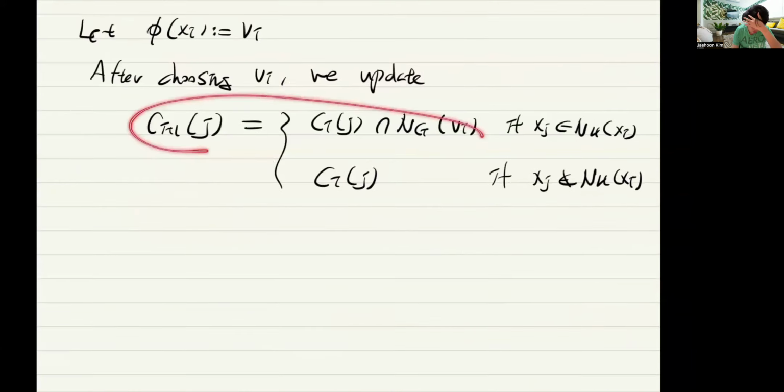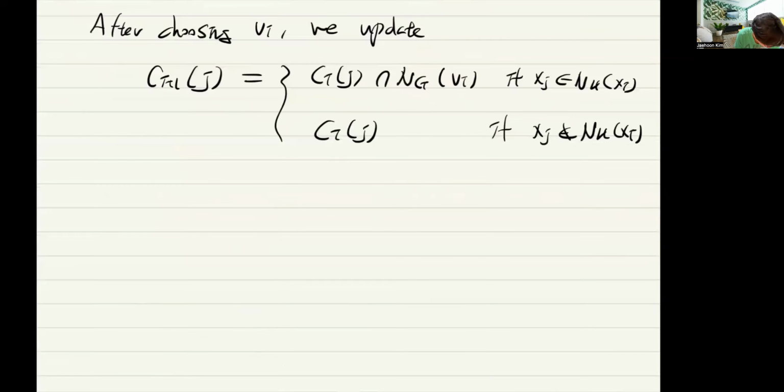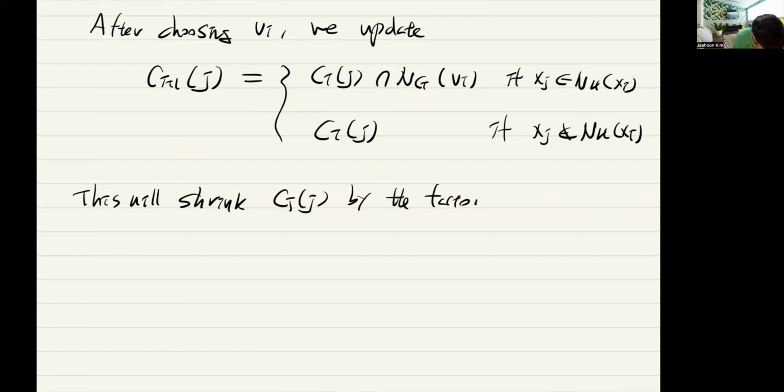So in terms of this candidate set, it only has two cases: either it's the same or it shrinks. And injectivity is ensured later when we make a choice. So this will shrink C_ij by a factor larger than or equal to d minus epsilon.